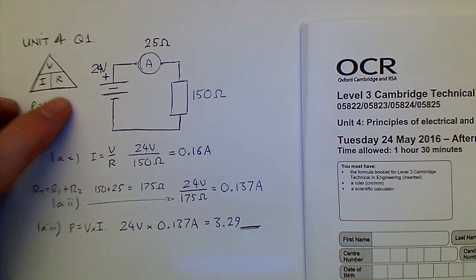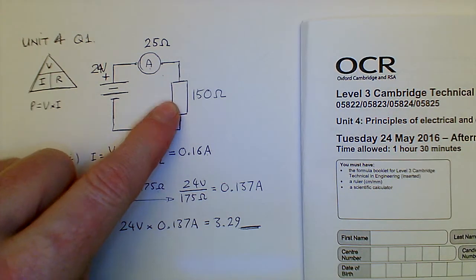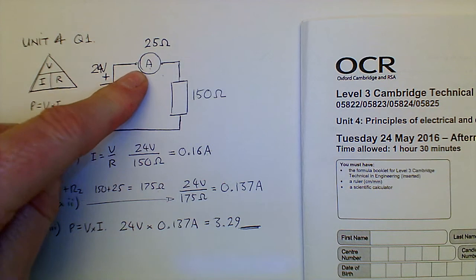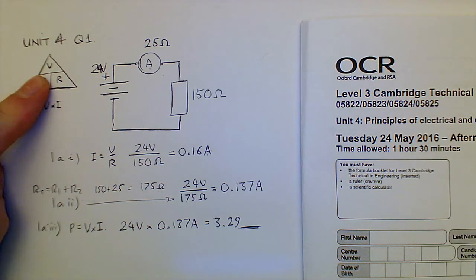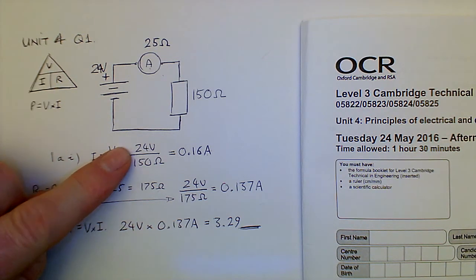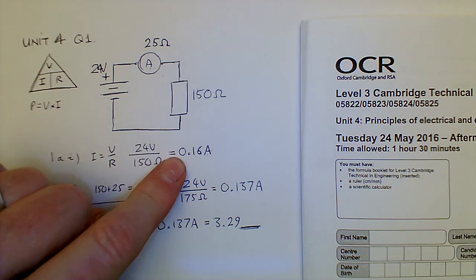Ohm's law. We looked at a resistor acting as a load, we looked at an ammeter measuring current, and we used V over I equals R, Ohm's law. We did a calculation of volts divided by resistance to give us current.